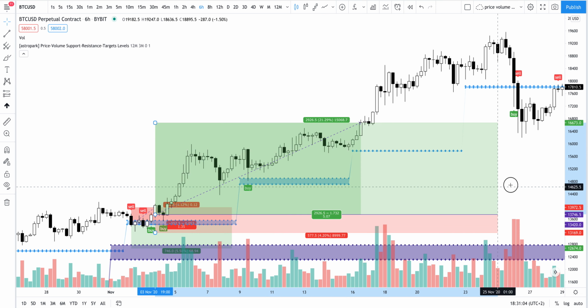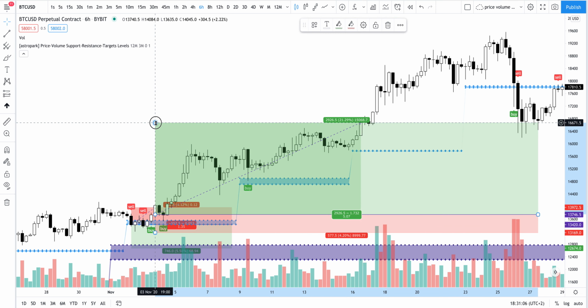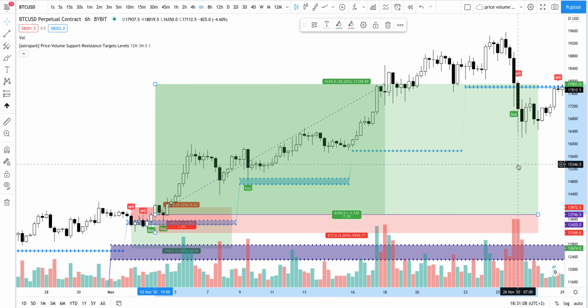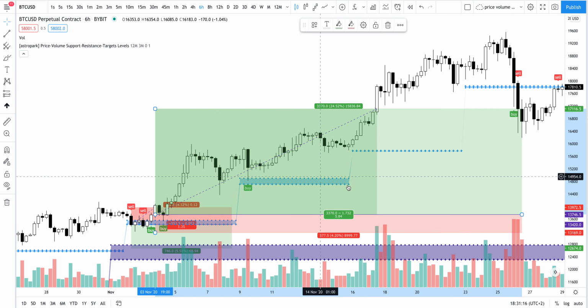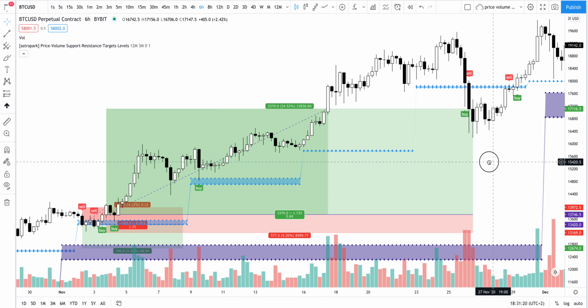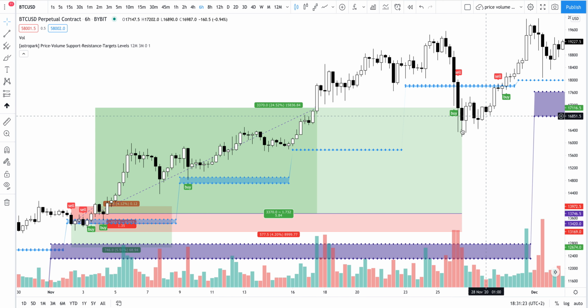The first sell signal is here. We are talking about some good hours. Okay, so more than 5 hours, which is really a lot.